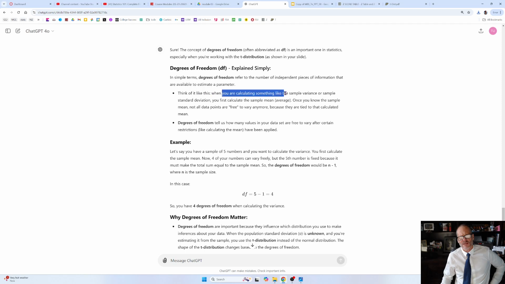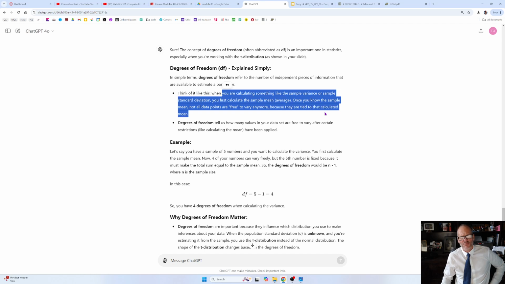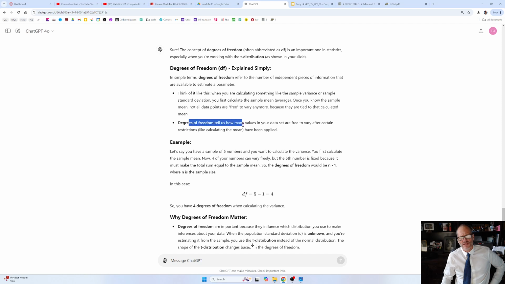When you're calculating something like the sample variance or sample standard deviation, you first calculate the sample mean, the average. Once you know the sample mean, not all data points are free to vary anymore because they are tied to that calculated mean. Degrees of freedom tells how many values in your data set are free to vary after certain restrictions, like calculating the mean, have been applied.